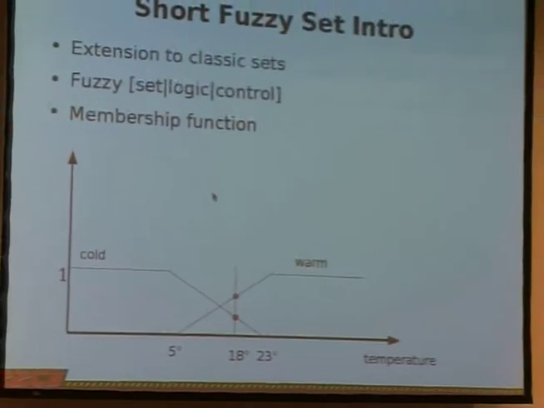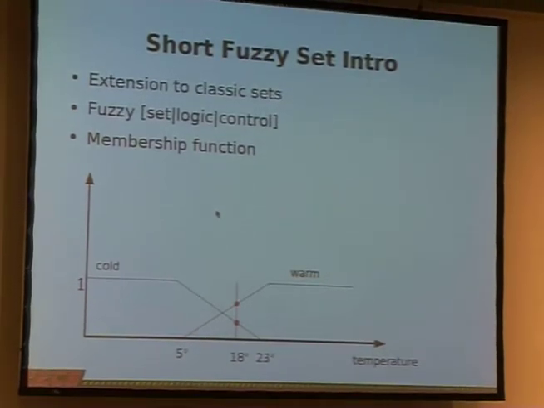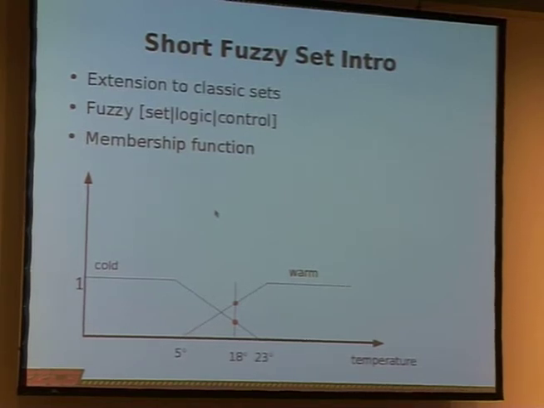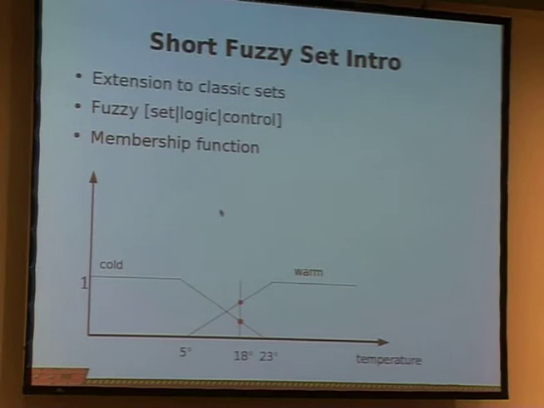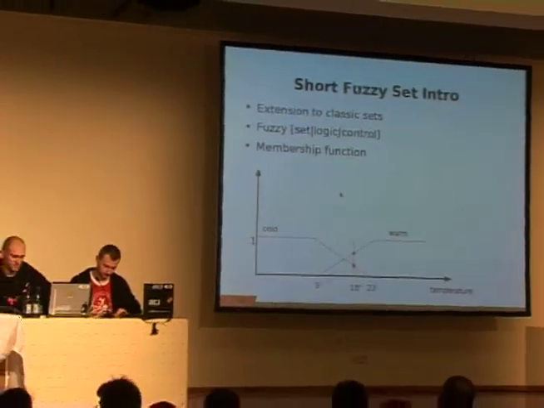Actually, to introduce to you a more advanced approach to do this, first we have to tell you a bit about so-called fuzzy sets. Who of you has ever heard the term fuzzy control or fuzzy logic? Wow, that's really a lot. Okay, for the other people, I try to explain it with a very simple example you find in most textbooks.